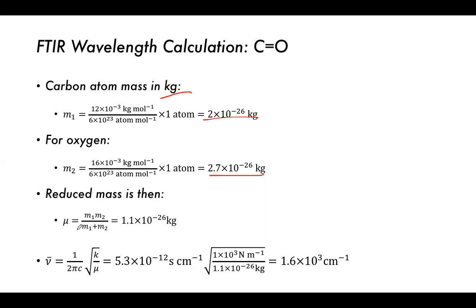And so here we have the equation that we had from the last page where we talked about the harmonic oscillator as a good model for the stretching vibrations of a particular bond.